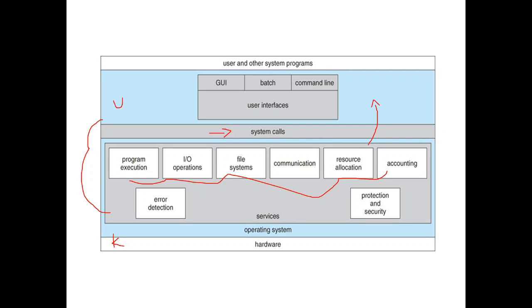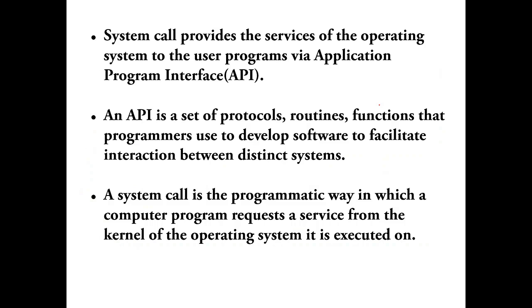So we can say that a system call is a program which requests a service from the operating system, that is, from the kernel. User processes don't have access to the operating system kernel mode, so through this system call, the user process interacts with the kernel process.